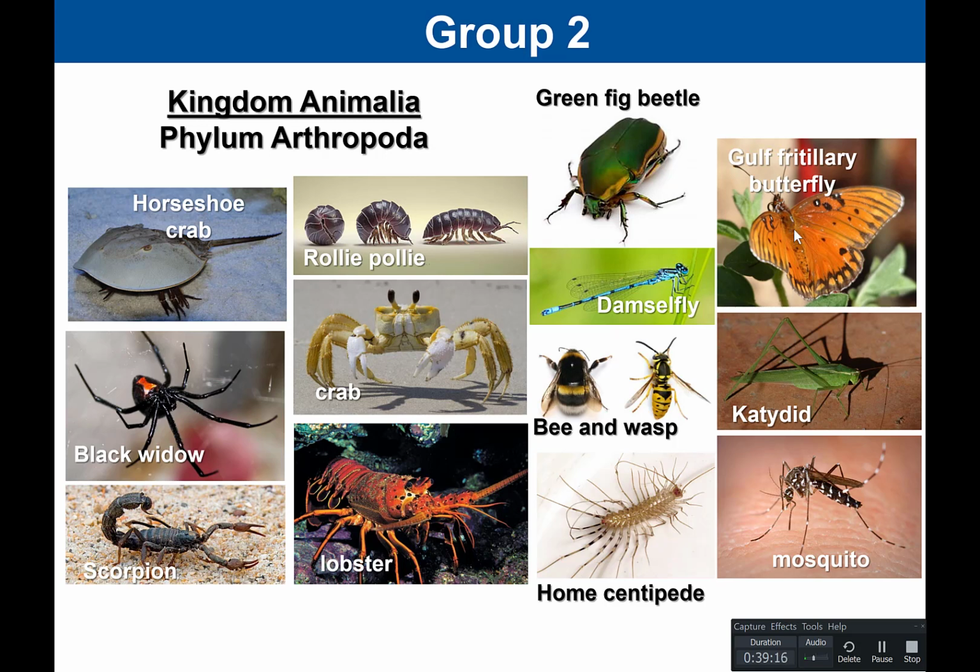Just like fungal cell walls have chitin in them, so does the animal exoskeleton, not the cell wall, in this case. The other thing that they have in common are their jointed appendages. If you look at their legs, they have jointed appendages. And so that's the other main characteristic that they have in common. So exoskeleton and jointed appendages. And so this would be your arthropods.